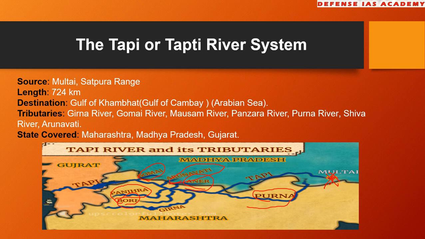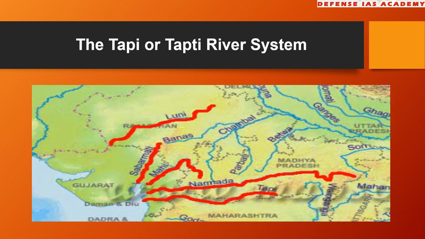This is the origin point, Multai, in Madhya Pradesh, in the Satpura range, and the Tapti river flows with the tributaries joining it, and it falls into the Gulf of Khambhat in the Arabian Sea. So this is the Tapi or Tapti river system, with its major tributaries and east to west flow.